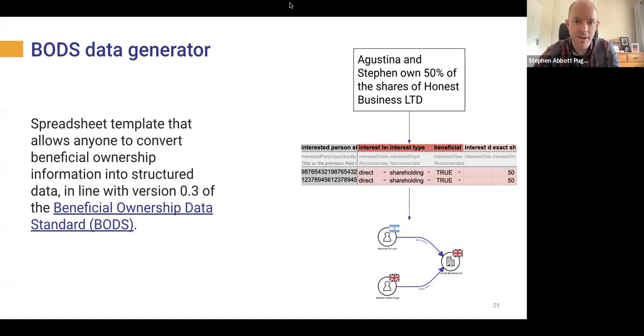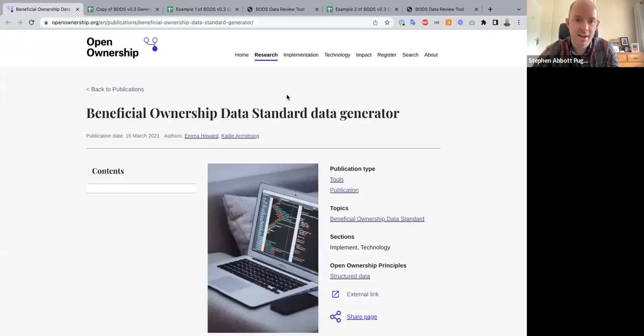It's over here. One second. So hopefully you should all be able to see a page now that says the Beneficial Ownership Data Standard data generator.